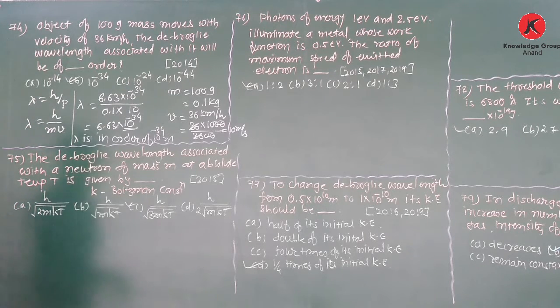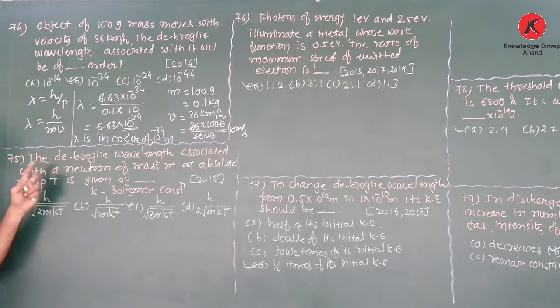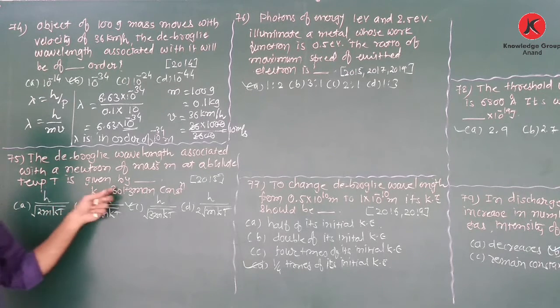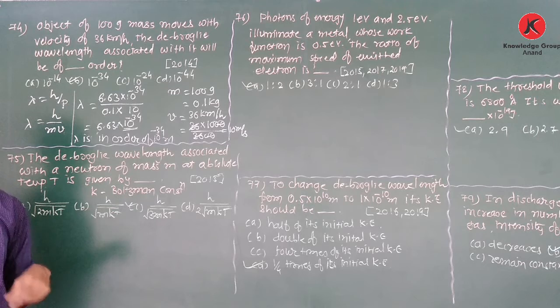Now next question asked in 2015. The de Broglie wavelength associated with a neutron of mass m and absolute temperature T is given by. Here the k is the Boltzmann constant, not kinetic energy.